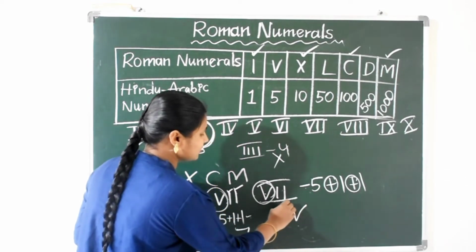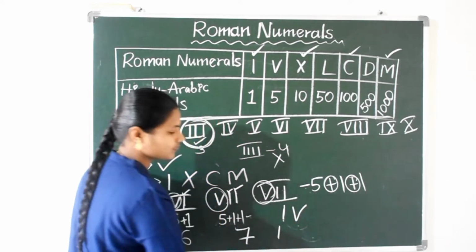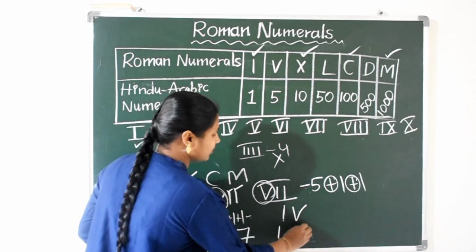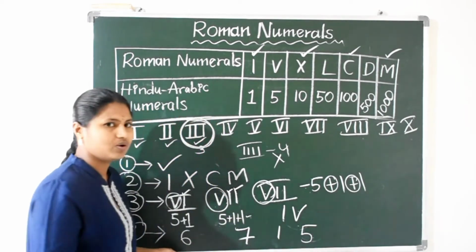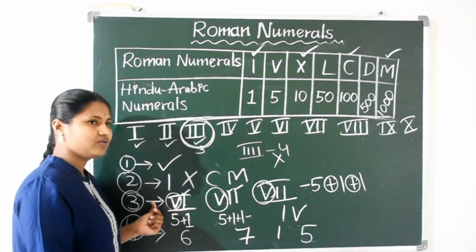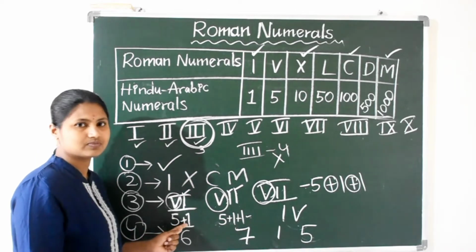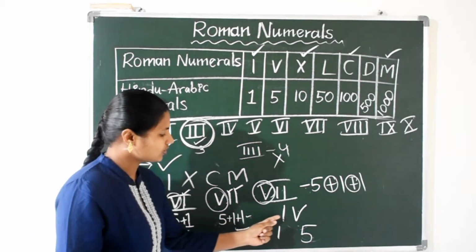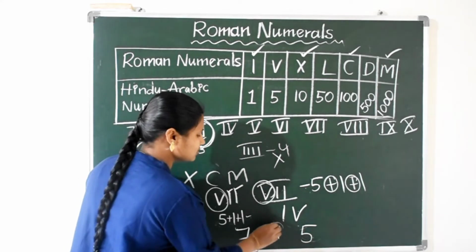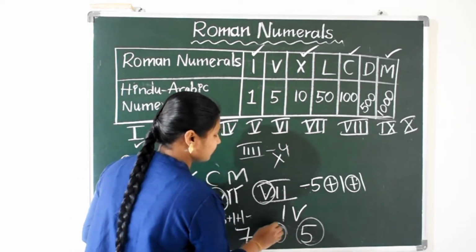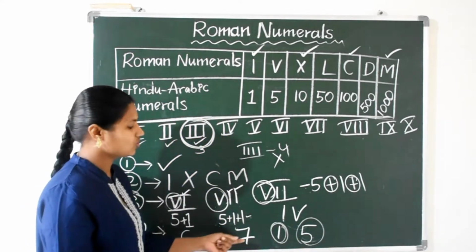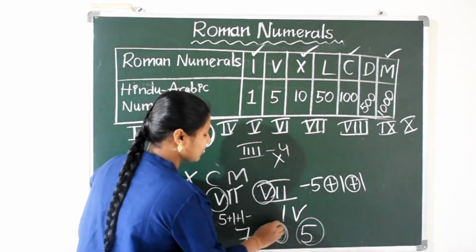IV means, I means number 1, right? V means number 5. Okay. In rule number 3, the bigger number comes first. Right? See here. Here the smaller number comes first, next the bigger number is there.